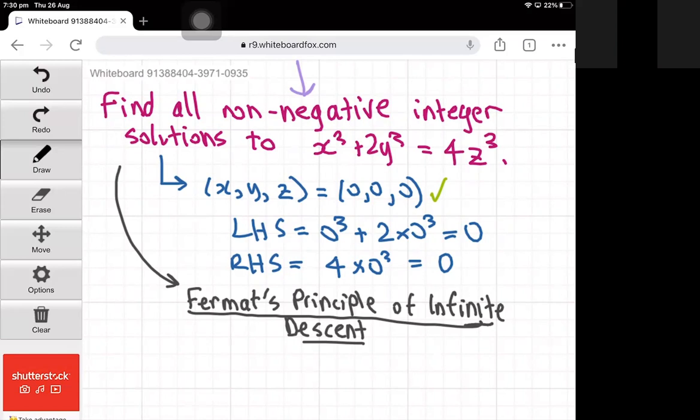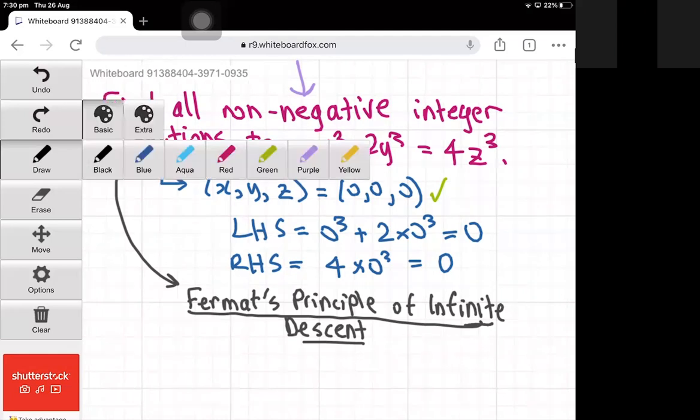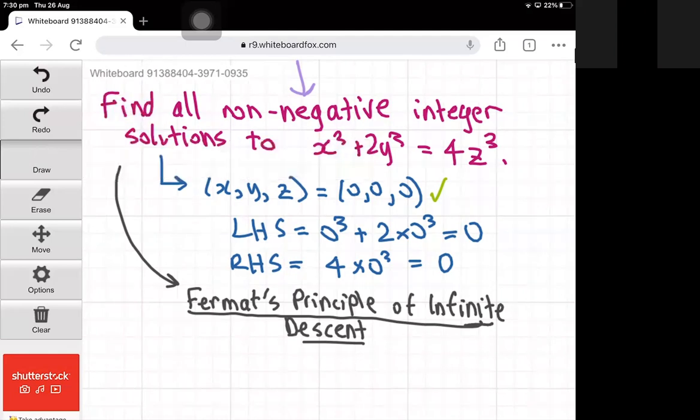The idea is that you can't create smaller and smaller solutions forever. So our initial assumption that there was a non-zero solution is wrong, and we get a contradiction. This will prove there are no other solutions.